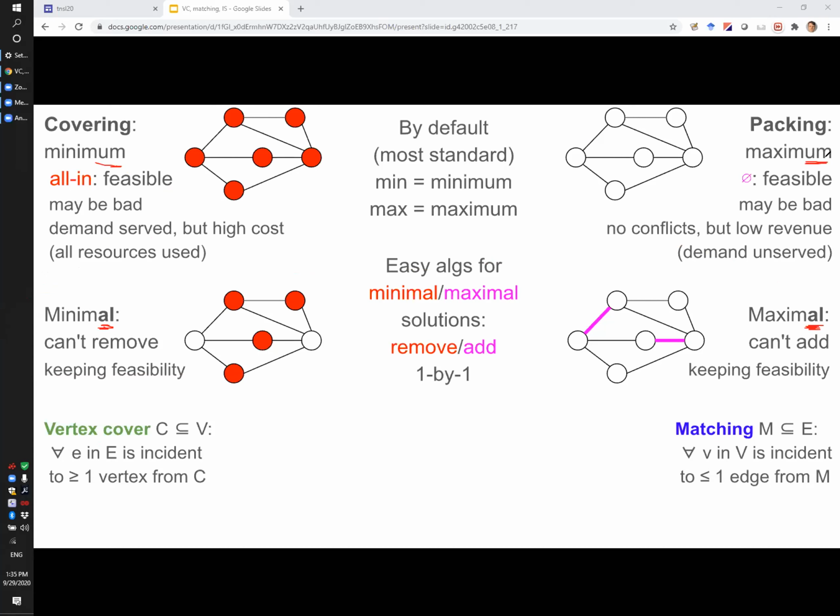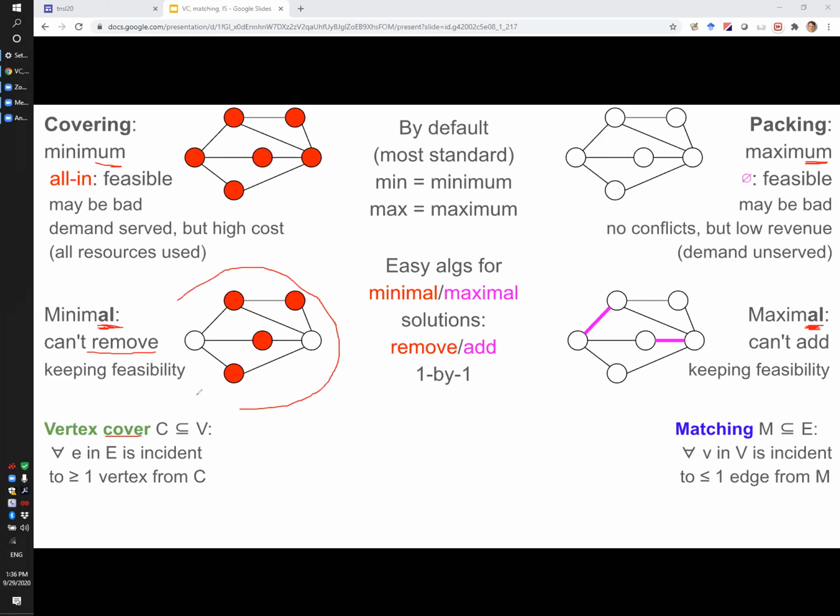Okay, so what is minimal? A minimal solution is a solution which is kind of locally smallest. You cannot remove any of the resources, or in the case of vertex cover, any of the vertices without violating the feasibility.